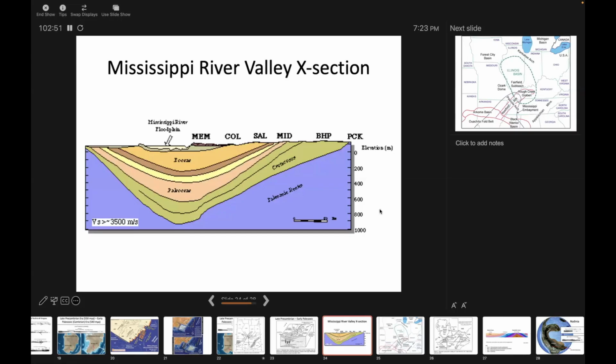Remember that? Then you get out to about where Jackson is, and you've got the Midway Formation, Paleocene clay and sand at the surface. Then you go a little bit further and you've got Eocene sands and clays and gravels at the surface. And then you finally get out west of Jackson, Tennessee, about right here, to the Mississippi alluvial plain, and this is all covered in loess and river sediments.